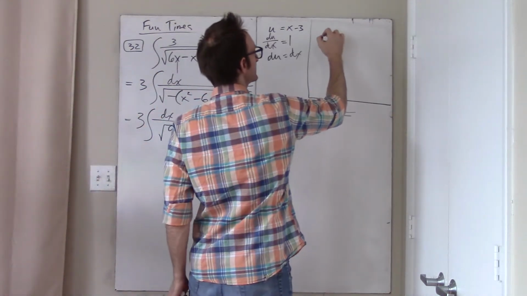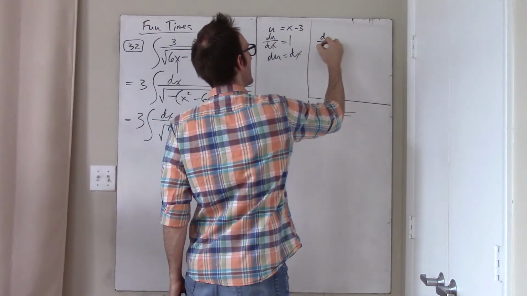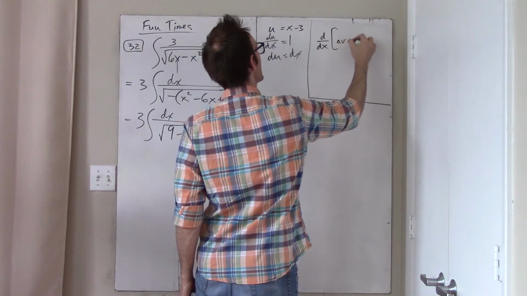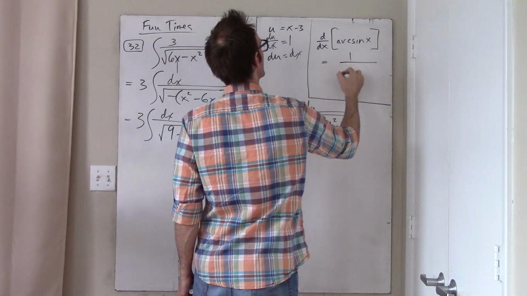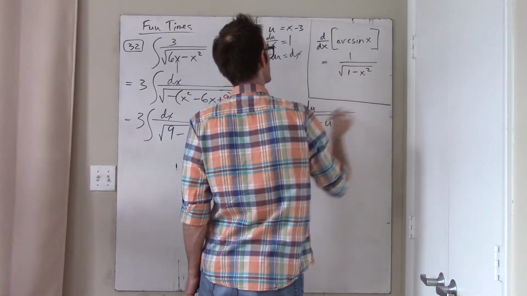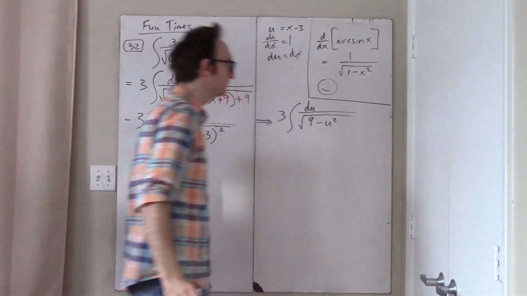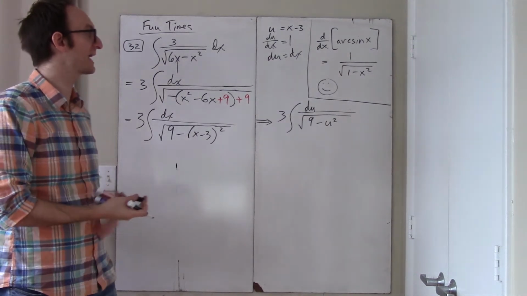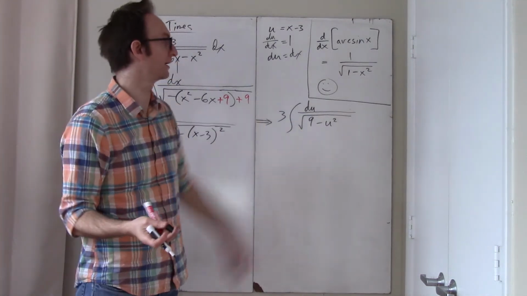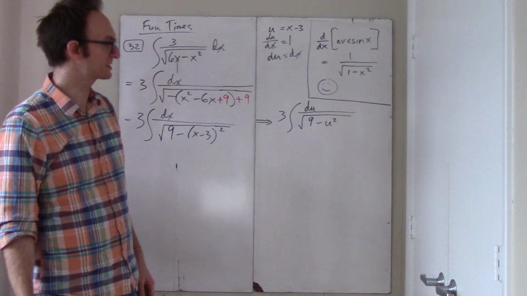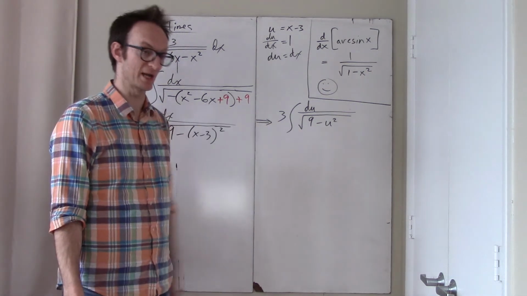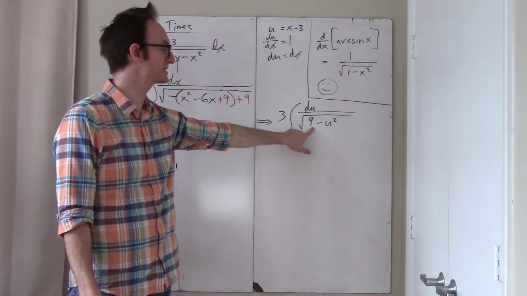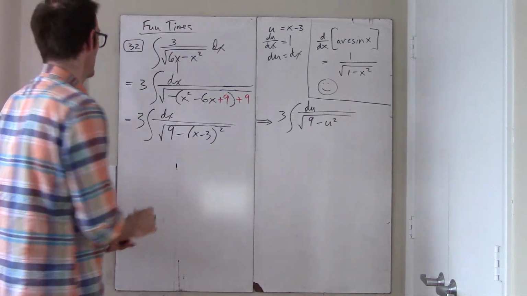And that's because the derivative of arcsine, as we reviewed in a previous video, is 1 over root 1 minus x squared. And so keeping that in mind, I see that I have almost arcsine here. What makes it not arcsine is that this is not a 1, but is instead a 9. How can I force that 9 to be a 1?